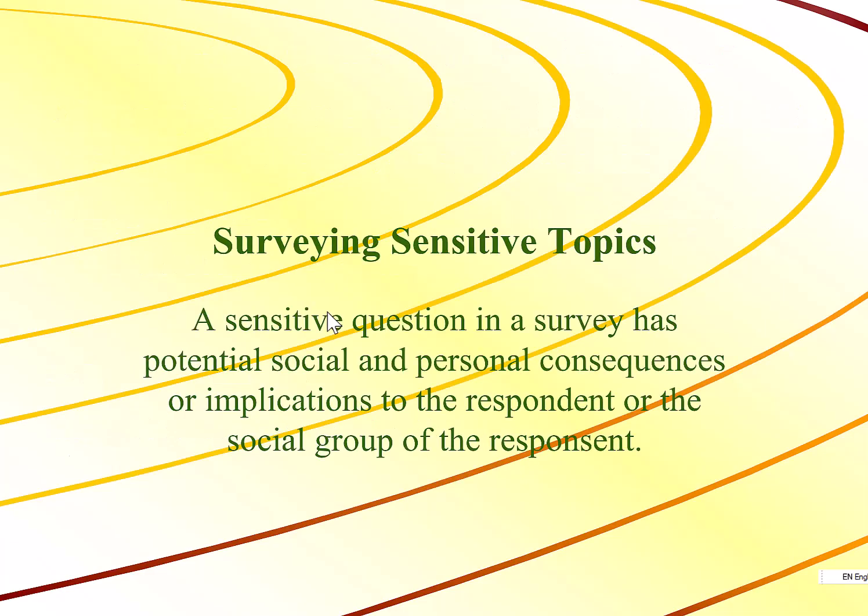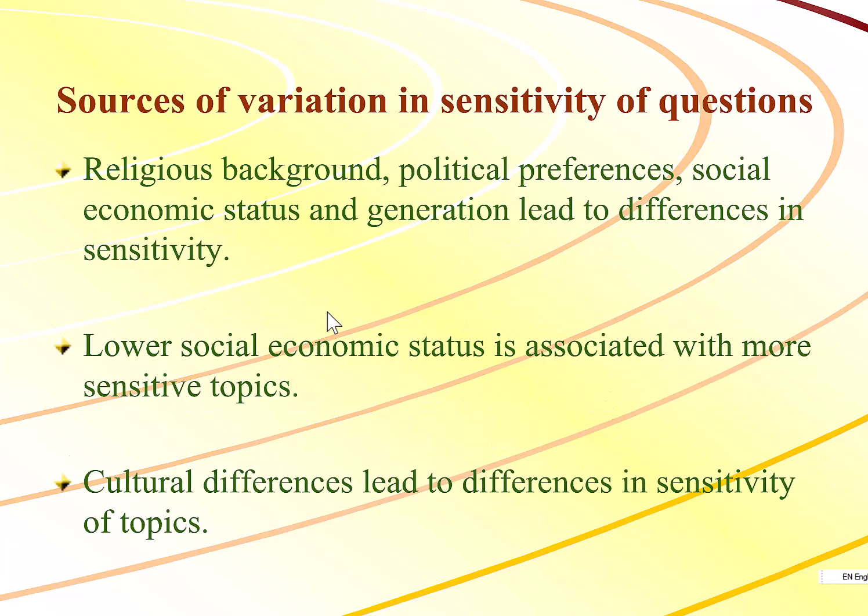Now, surveying sensitive topics is difficult because of potential for social desirability bias, potential for just skipping questions. Some questions can be clearly identified as sensitive, such as a question about binge drinking or about plagiarism. Other questions are not so easy to determine if they are sensitive or not.